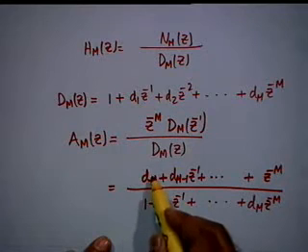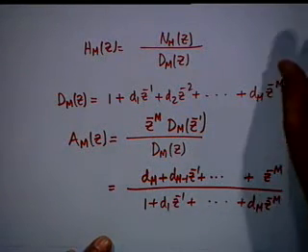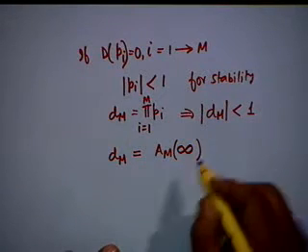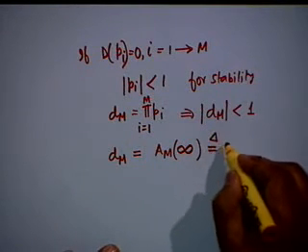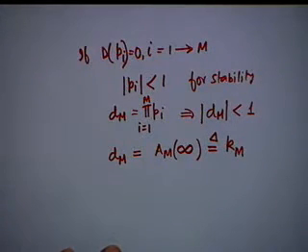I want only dm, so all other terms must be 0. Infinity. That is correct. So dm is A_m(infinity), and for reasons to be made clear, I shall denote it by small k subscript m. They are identical at this stage, but they are not so as we proceed ahead.